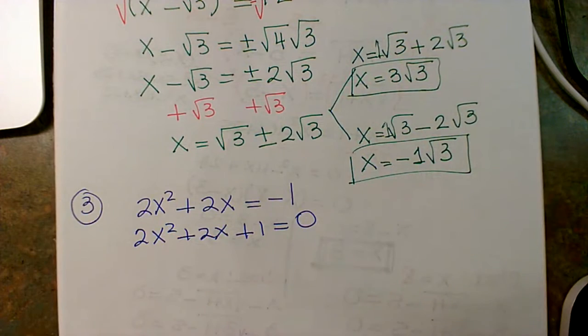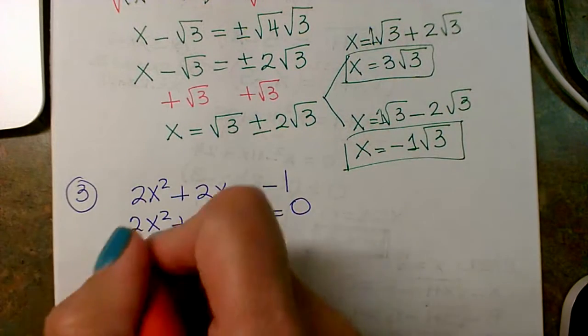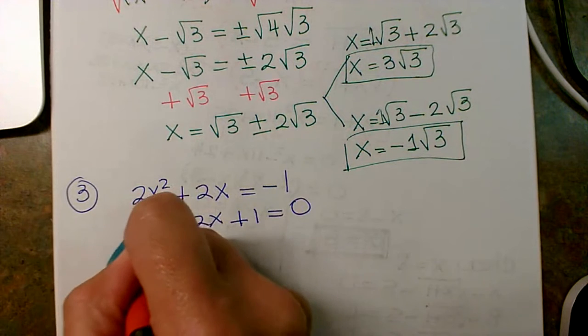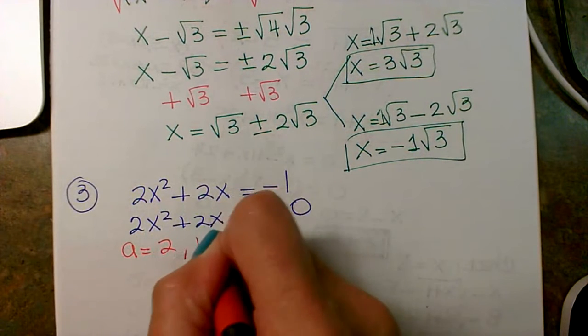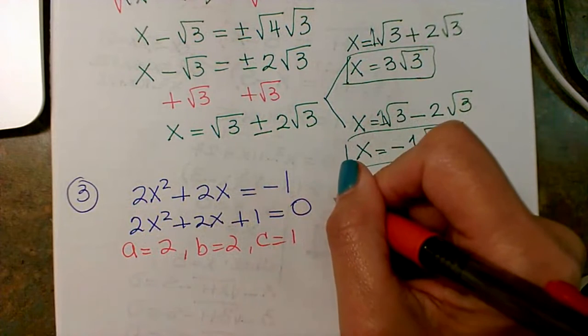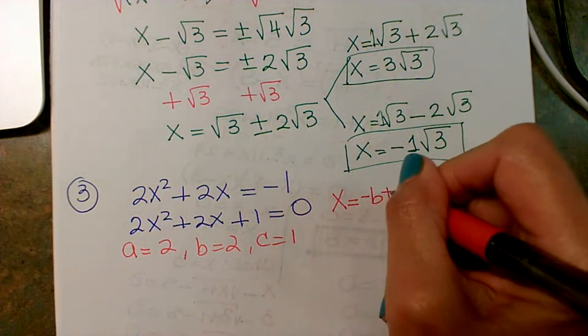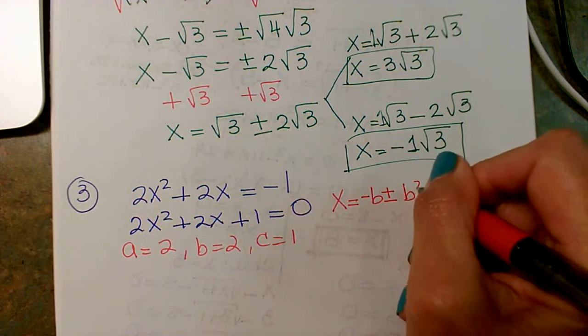So I'm going to apply the square root property right away. Not that, I mean, the quadratic formula. A is 2, B is 2, and C is 1. Perfect. And here's my quadratic formula, plus and minus.